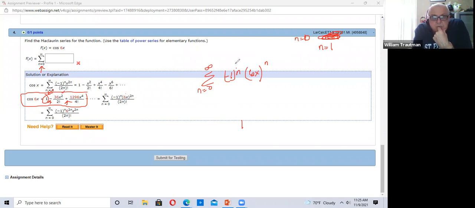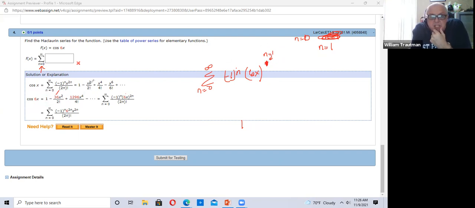If I say n equals 1 right here, I end up with 6x, but I can't have a 6x. I have to have 36 at that point. So I have to square that. So when I put a 1 here, I have to have it squared somehow.